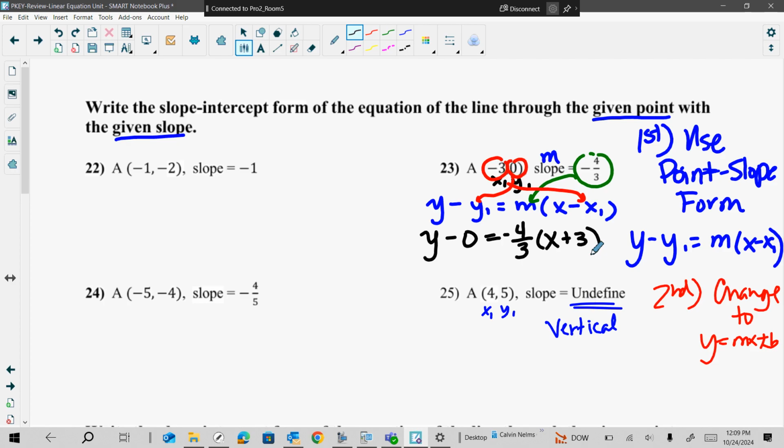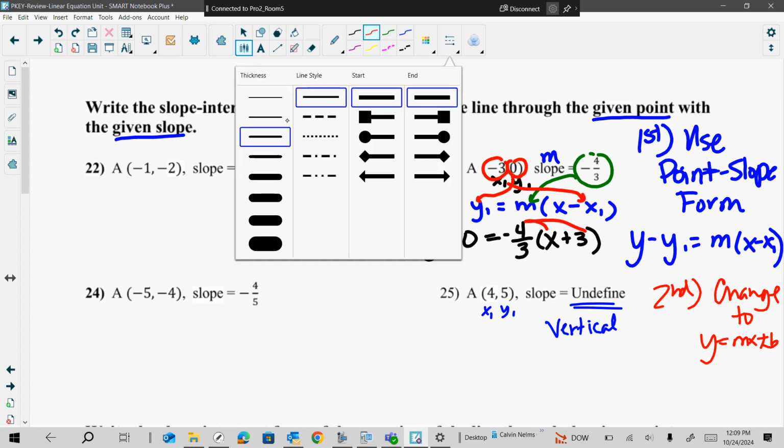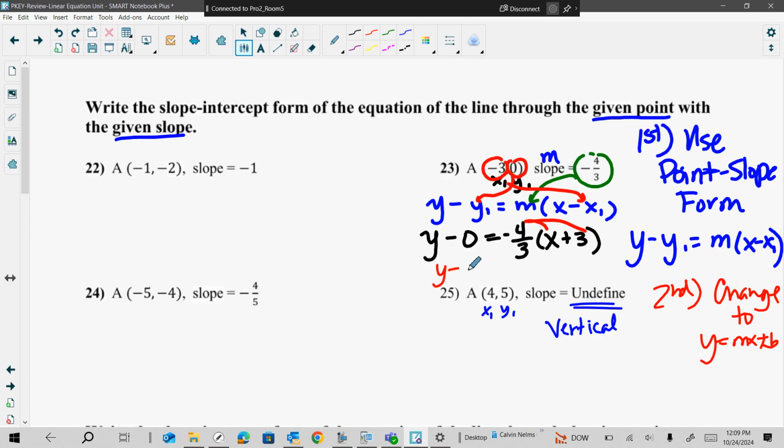All right, to change it to y equals mx plus b, we're solving for y. So you just have to first distribute. So when I distribute, I get y minus 0 equals -4/3 x minus 4. And then anything minus 0 is just y. So this is just going to be the y.